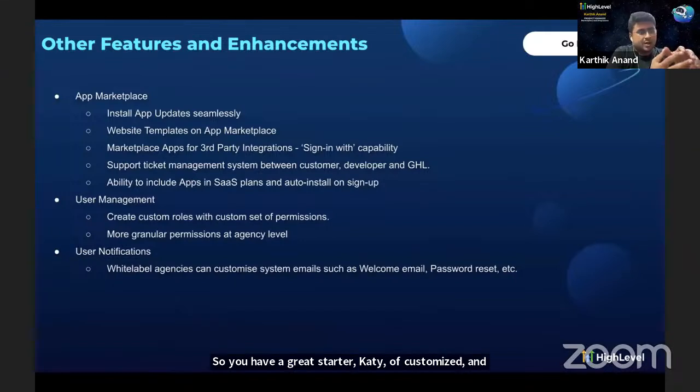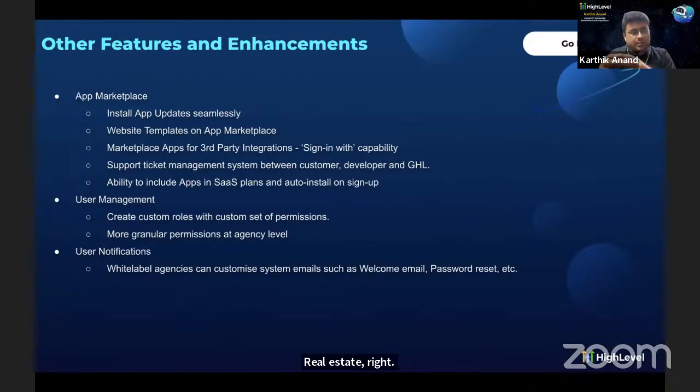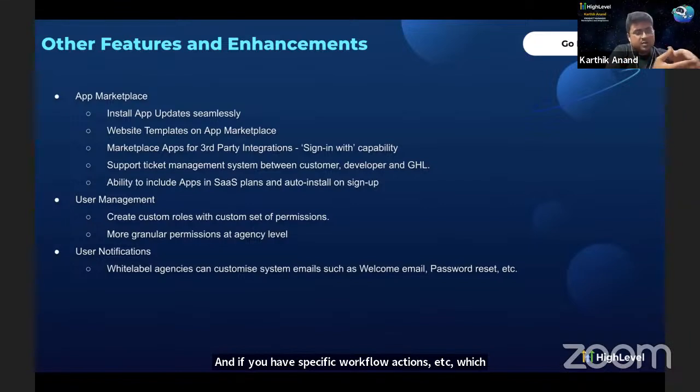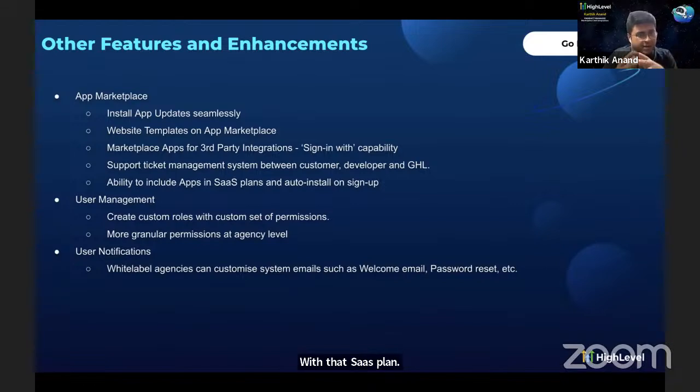If you have specific workflow actions which are an integral part of those workflows, you can now package all of them into your SaaS plan. So all the apps that you have configured will get automatically installed whenever a sub account signs up with that SaaS plan. So these are all the features that we're targeting in App Marketplace.